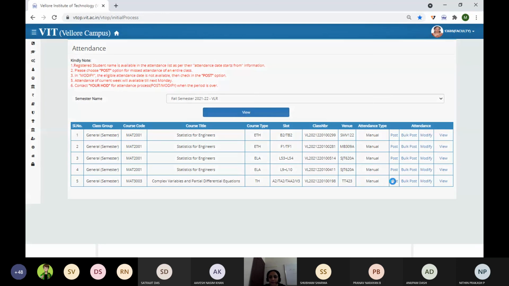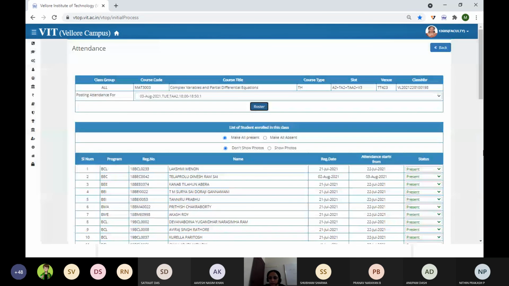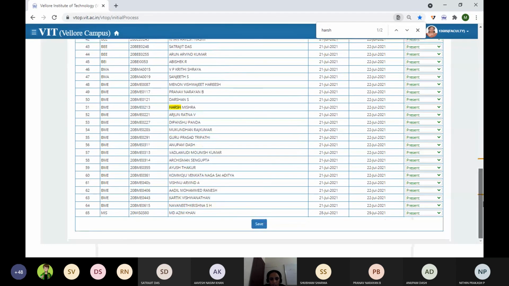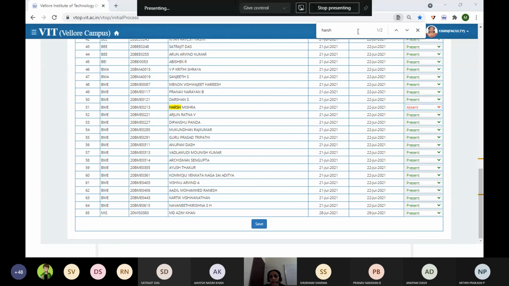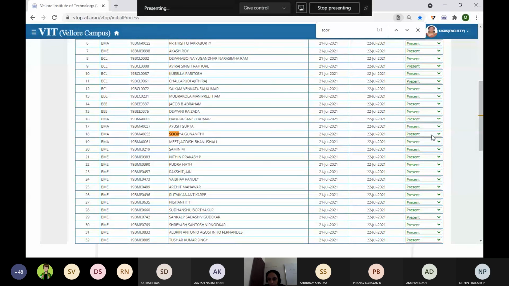A2 slot, right? Yes, ma'am. Okay. Harsh Mishra is here. Then Surya Gunanidhi. Then Anish Kumar.